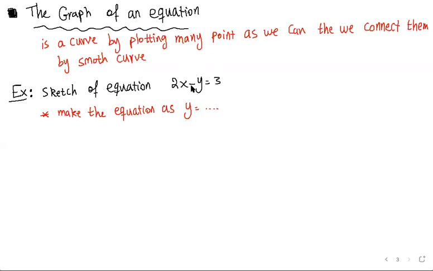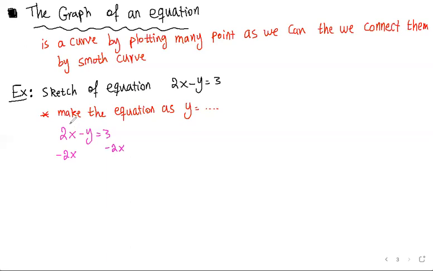So in my equation, how can I make y equal? My equation is 2x minus y equal 3. What do I have to do? You can move the x to the other side, so subtract 2x from both sides.